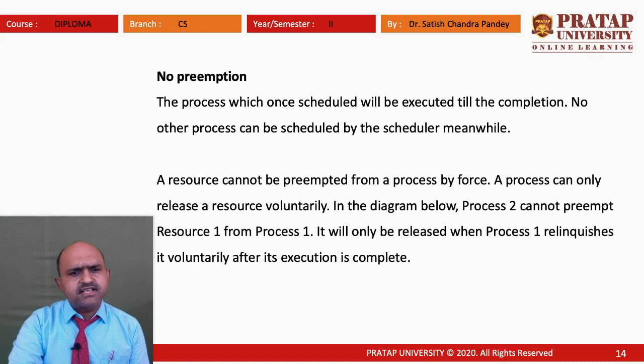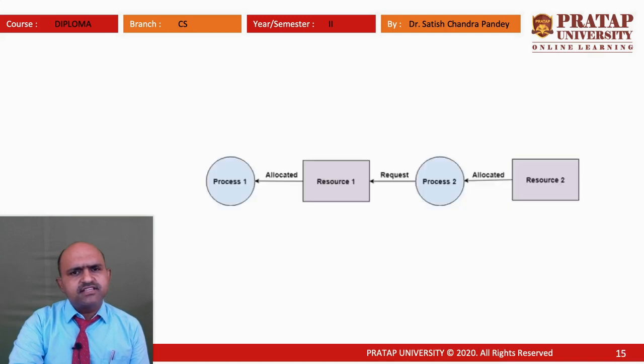A process can only release a resource voluntarily. In the figure, process 2 cannot preempt resource 1 from process 1. It will only be released when process 1 relinquishes it voluntarily after its execution is complete.